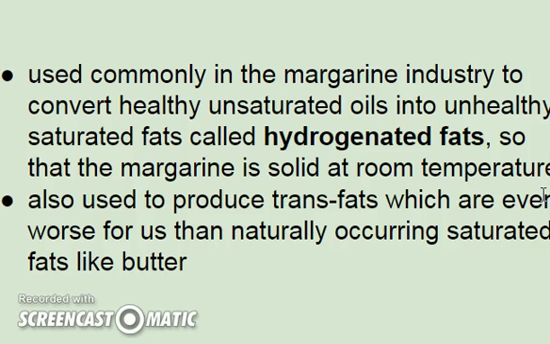We make hydrogenated fats by saturating these healthier unsaturated oils so that margarines will be a soft solid at room temperature. We also use this process to produce what are called trans fats, which are even worse for us than just eating butter. So when we do hydrogenated fats, if you follow the news at all, you know they're getting a bad name now, and that's for a good reason.